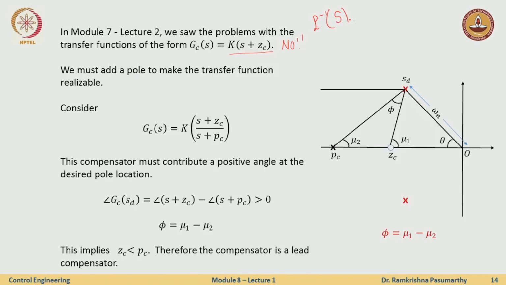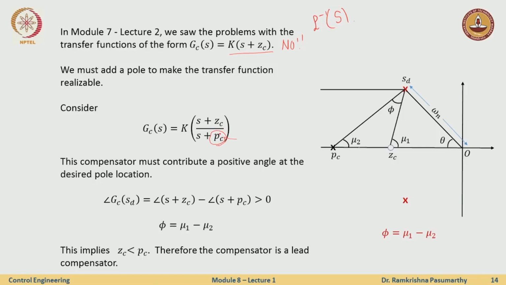The answer is that it does not exist. Therefore, to make it realizable, we add a compensating pole, just for practical purposes, but this pole should just keep quiet and not try to interfere too much in the process.